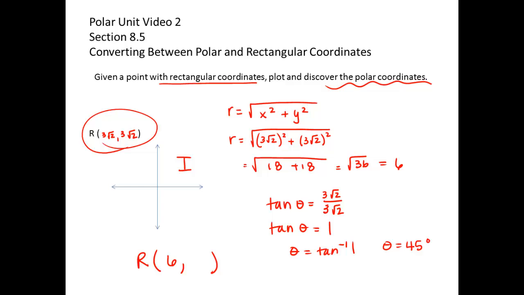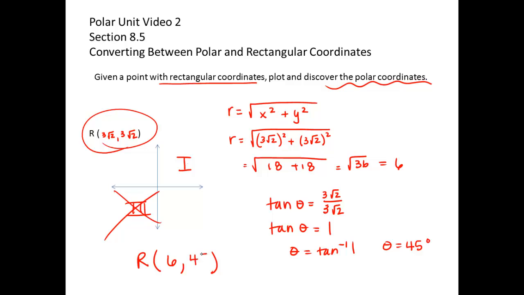Now just because theta comes up as 45 degrees doesn't mean that it's the correct answer. Remember, tangent will also equal 1 over in the third quadrant, because you'd have a negative root 3 over 2 over a negative root 3 over 2, which would still simplify to a positive 1. So we have to eliminate that possibility because I know my rectangular coordinates fall in quadrant 1.